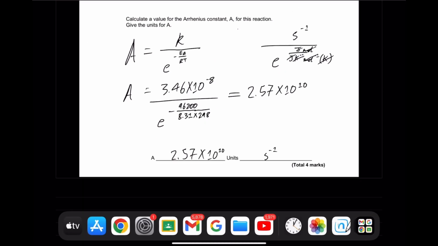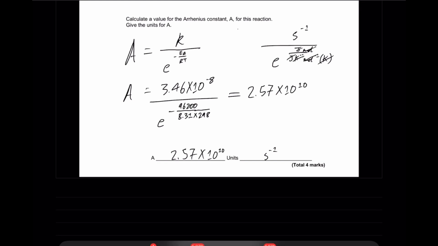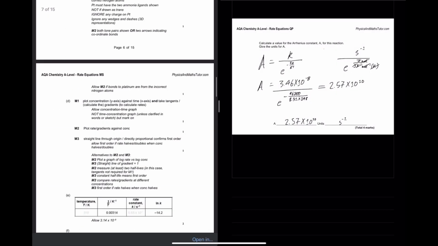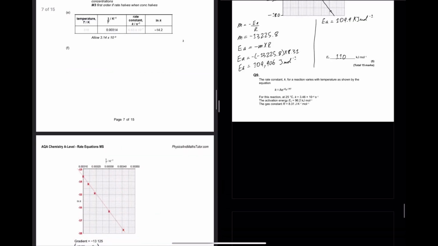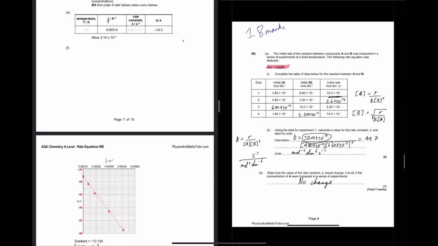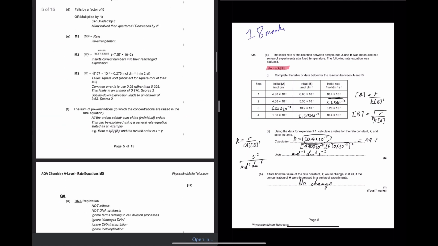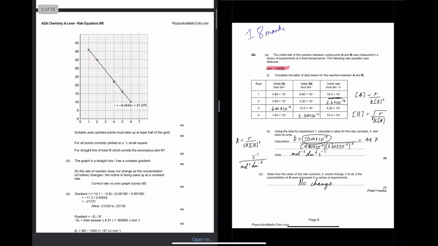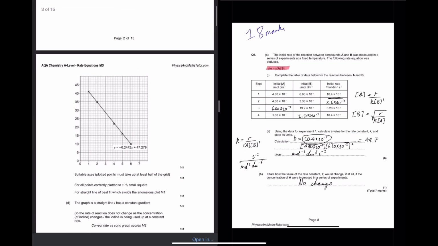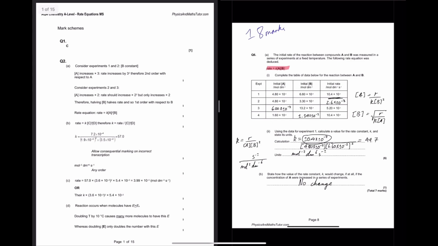Let's go to the mark scheme here and compare our answers. Where's the first question for this? I remember, I think I used a different question for this one.